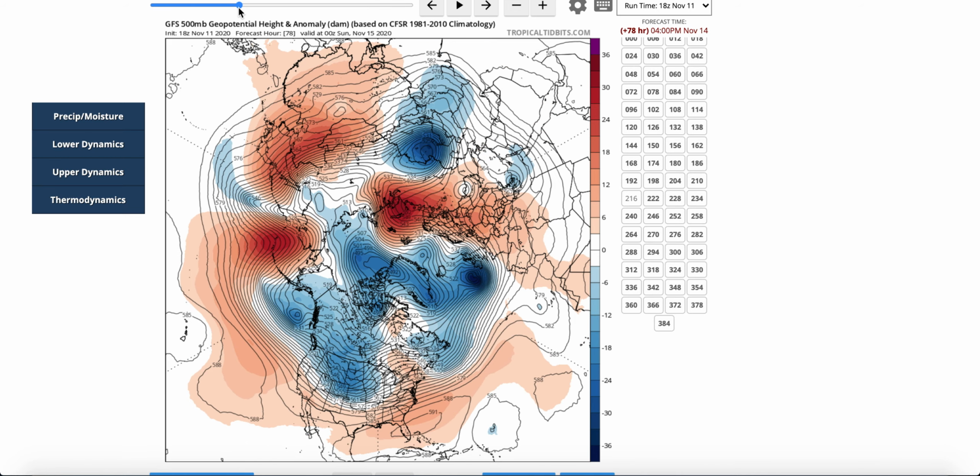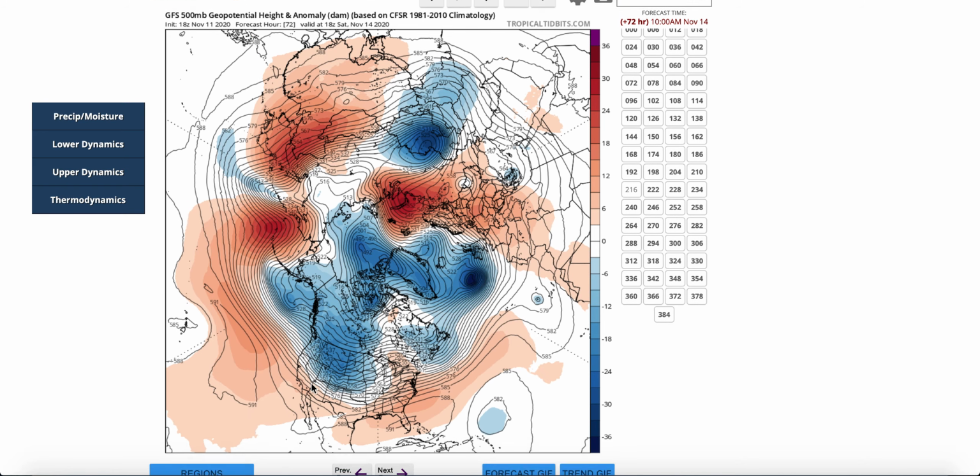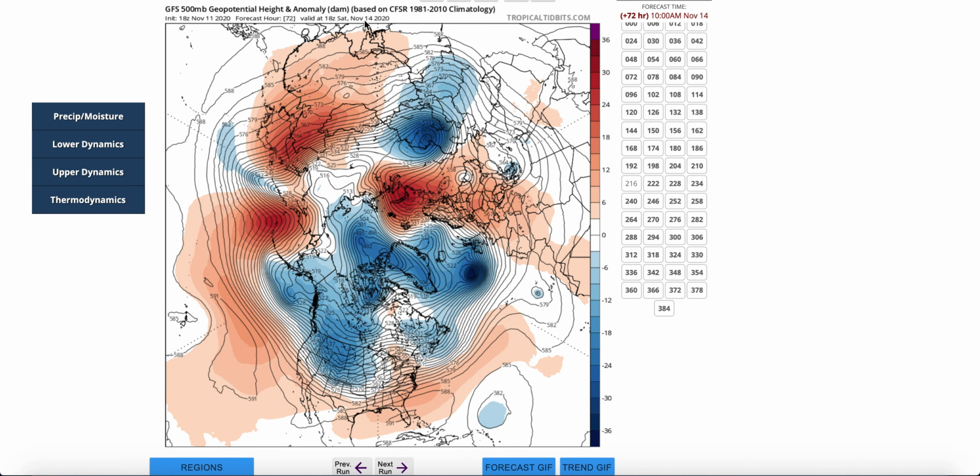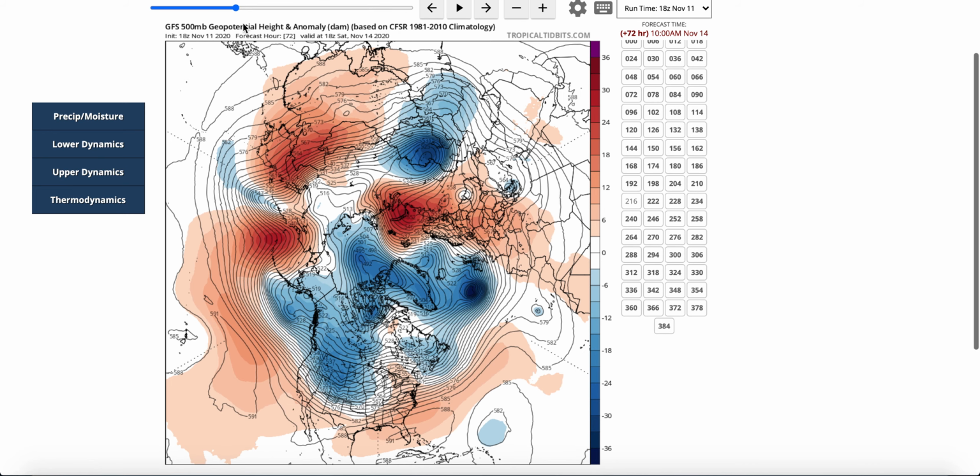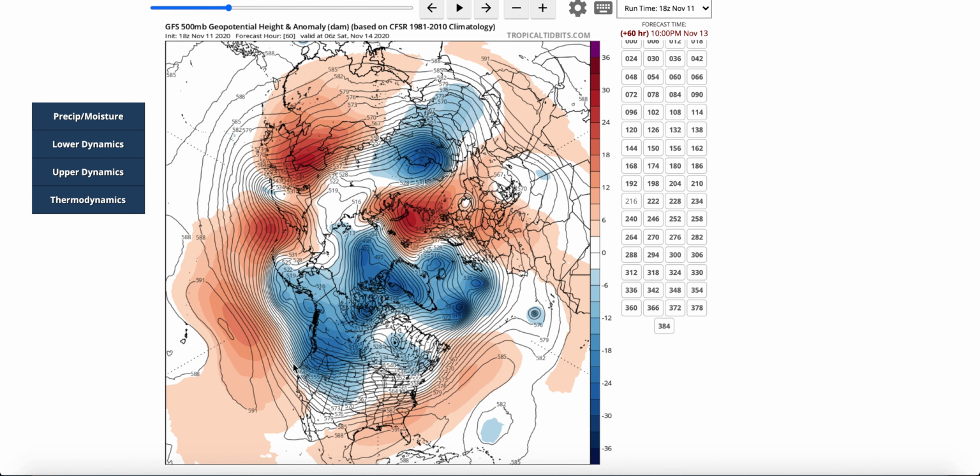But we can see a couple of interesting things. First of all, we can look at the date, the night of the 14th. We can expect the Tetons to get some snow, the Rockies, all the way up the Rockies into Canada. Parts of Washington get hit a little bit earlier. Right there, you can see this should bring some pretty decent snow to Washington.